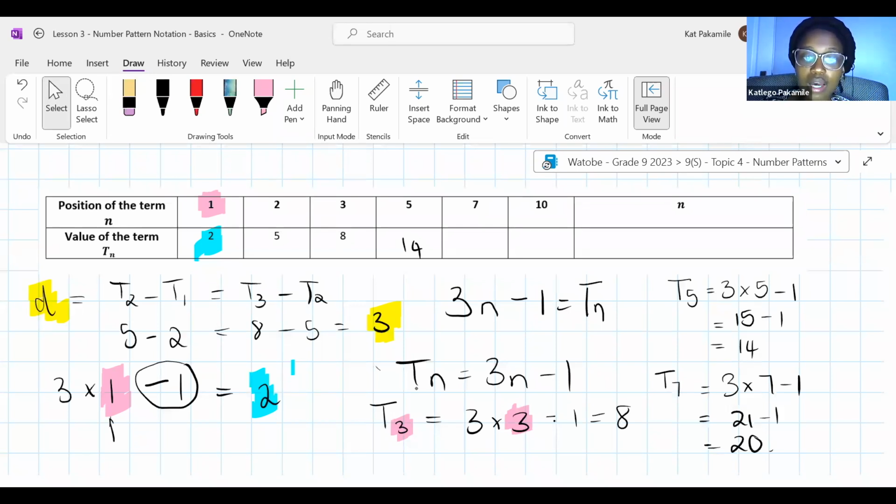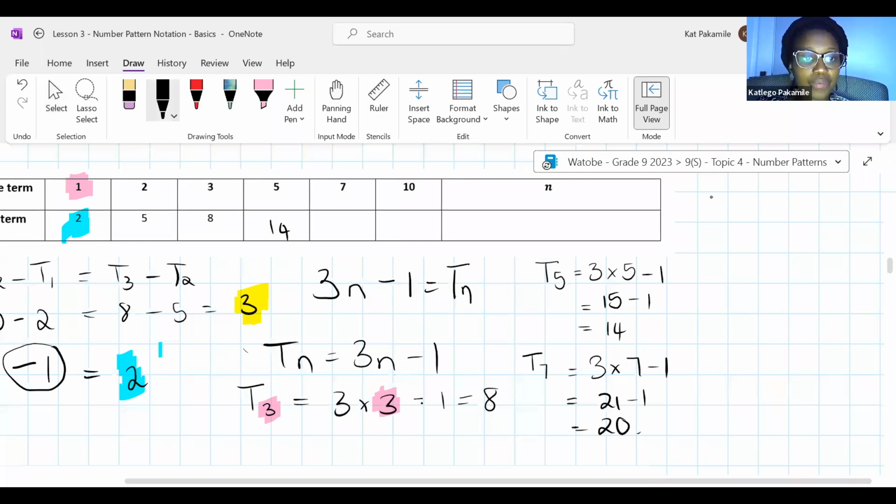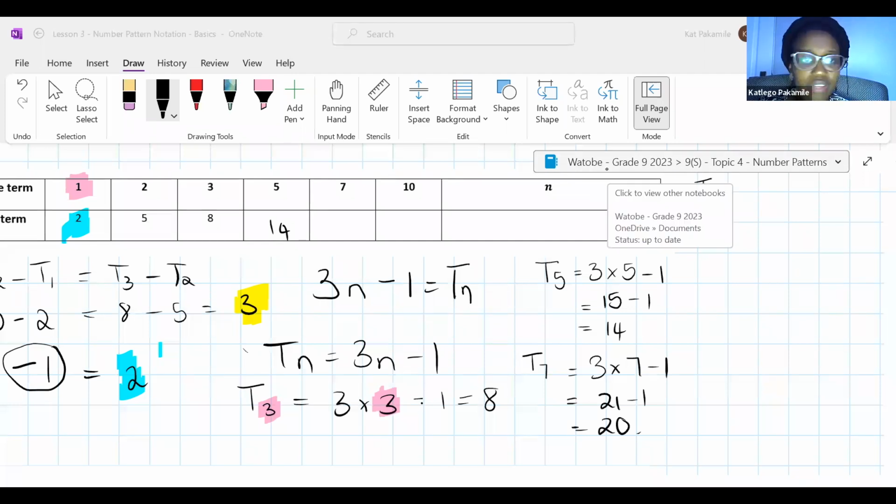Let's see whose hands are up. I skipped Emmanuel and Mosisa. Okay, ma'am. So we're going to say T10, excuse me, we just did T7. We're on T10.